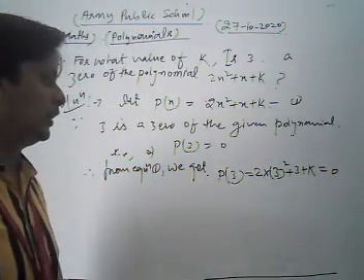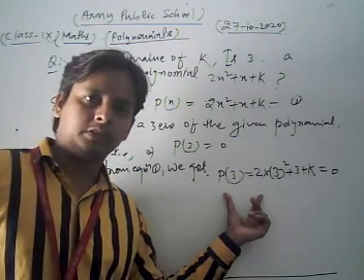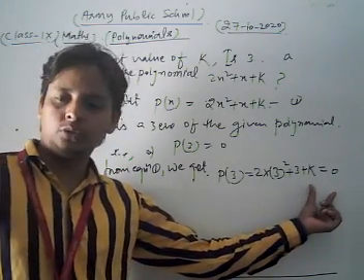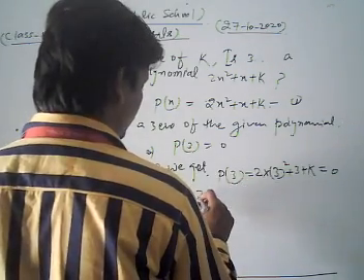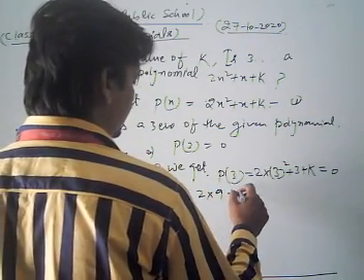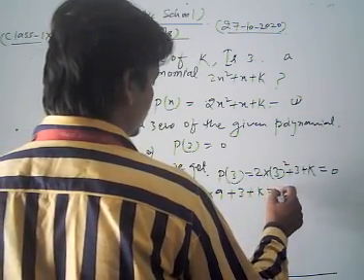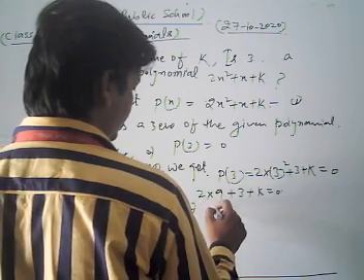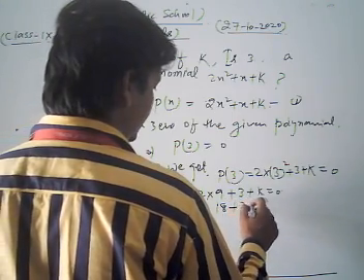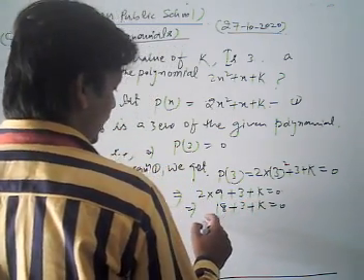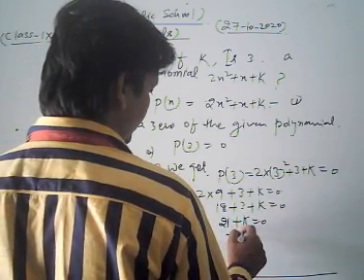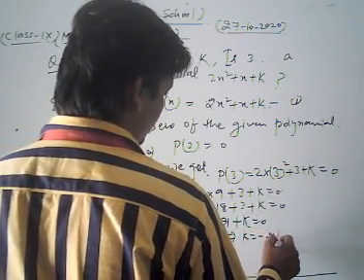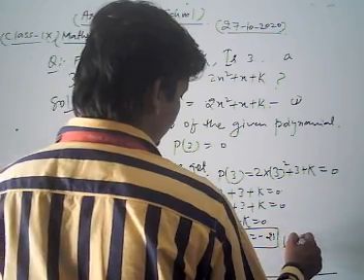Solving, 2 into 3 square is 2 into 9, which is 18, plus 3 plus k is equal to 0. So 21 plus k is equal to 0, that is, the value of k is equal to minus 21. So this is our required answer.